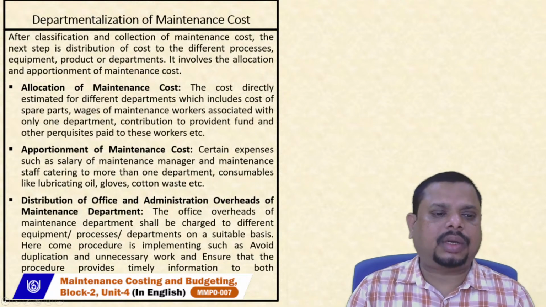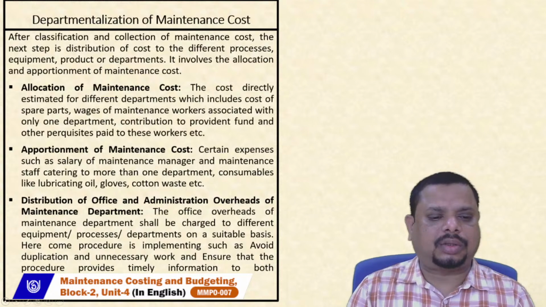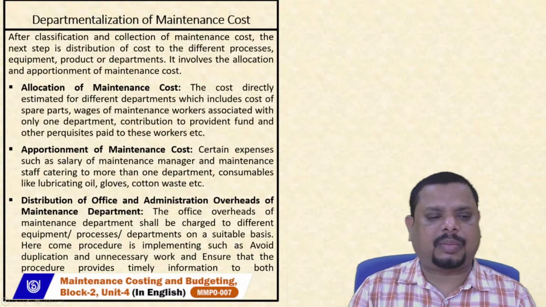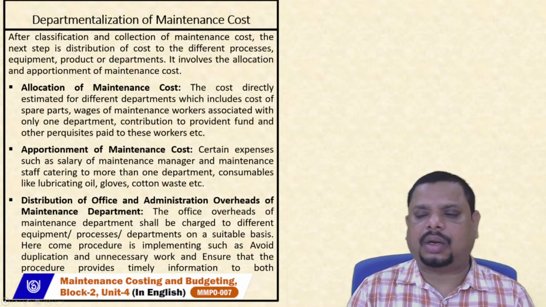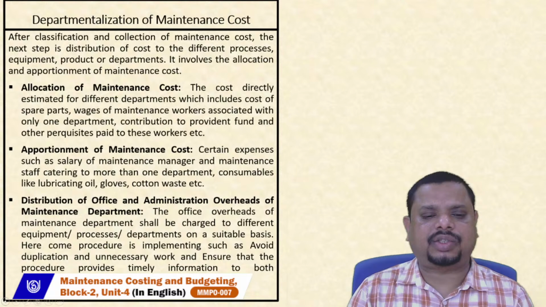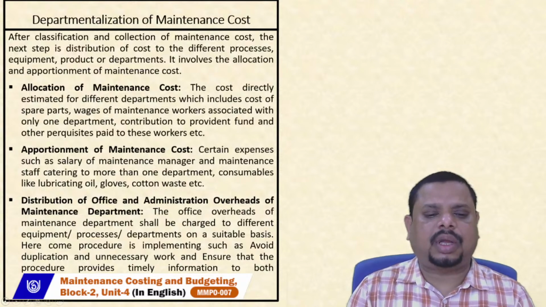Moving to the next one, the distribution of office and administrative overhead. For example, the store department as well as the purchase department, being administrative departments, come under this particular cost. The office overhead of the maintenance department shall be charged to different equipment, processes and departments on a suitable basis. Here a procedure is implemented to avoid duplication and unnecessary work.